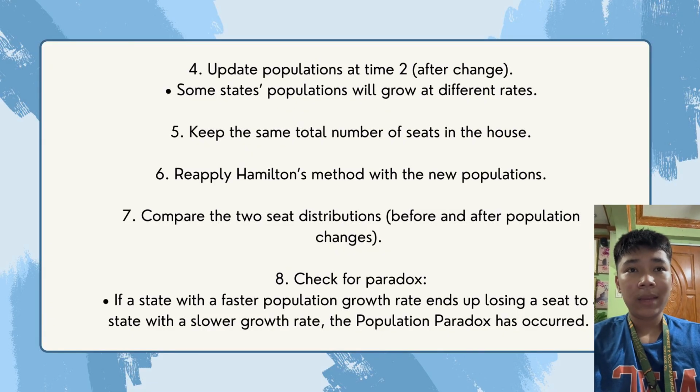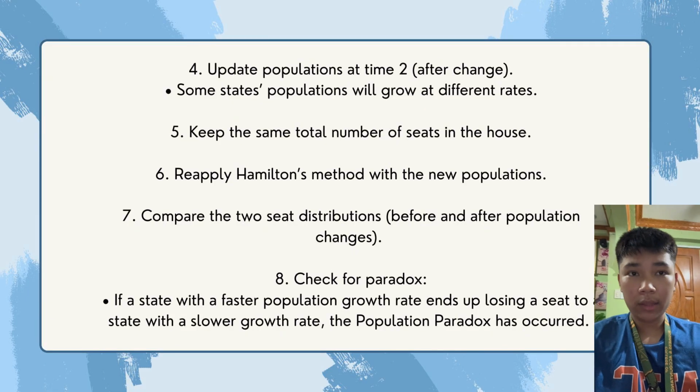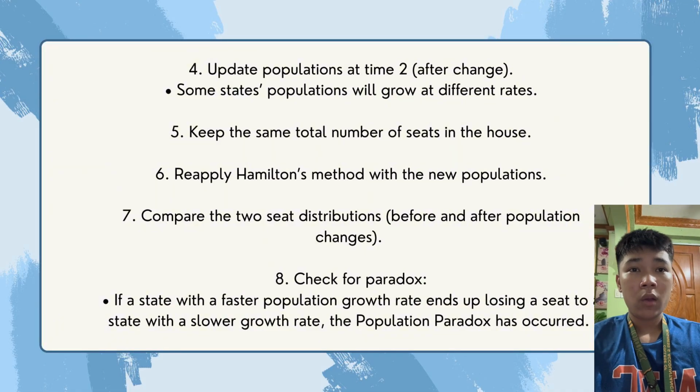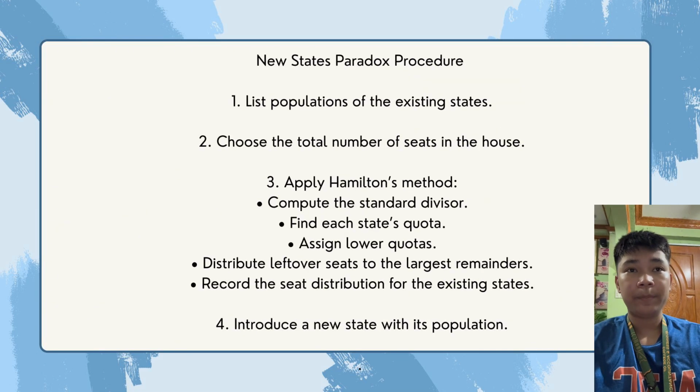Step 5: keep the same total number of seats in the House. Step 6: reapply Hamilton's method with the new populations. Step 7: compare the two seat distributions before and after population changes. Step 8: check for paradox. If a state with a faster population growth rate ends up losing a seat to a state with a slower growth rate, the population paradox has occurred.